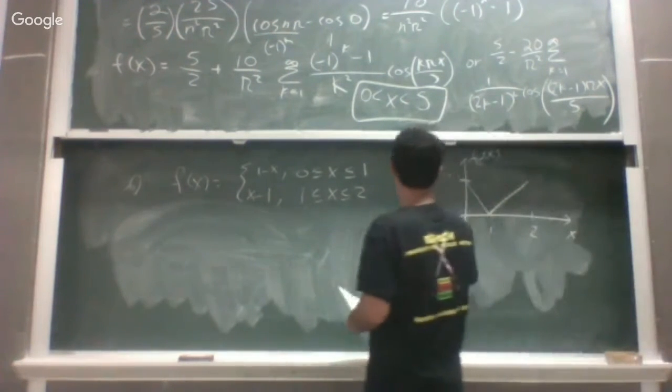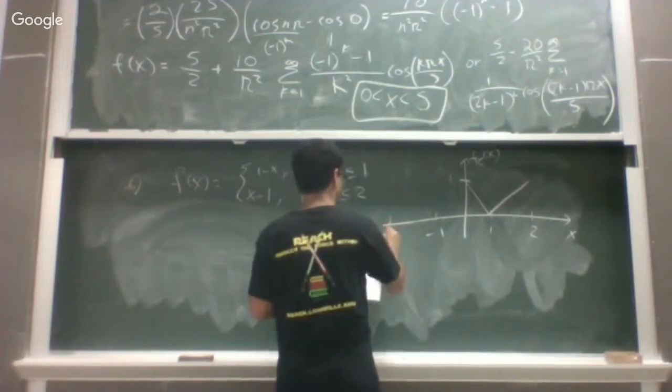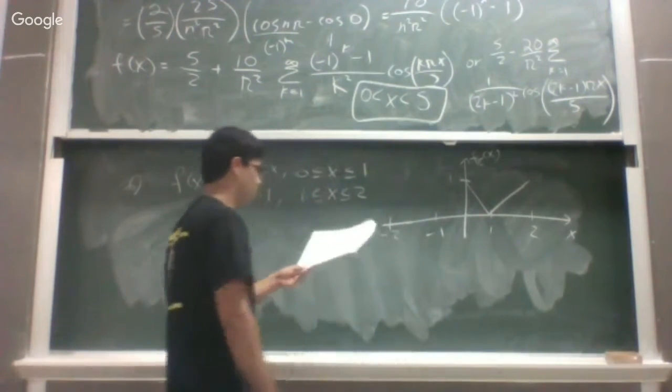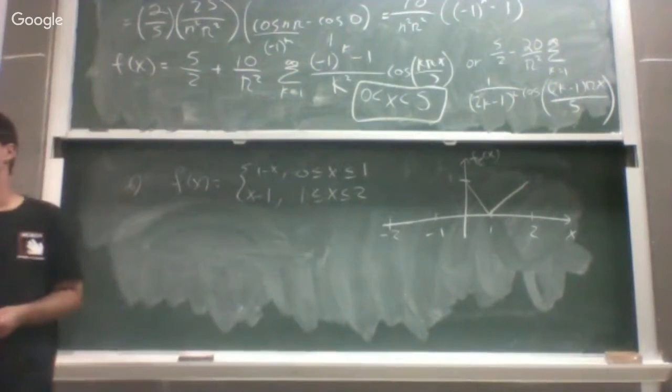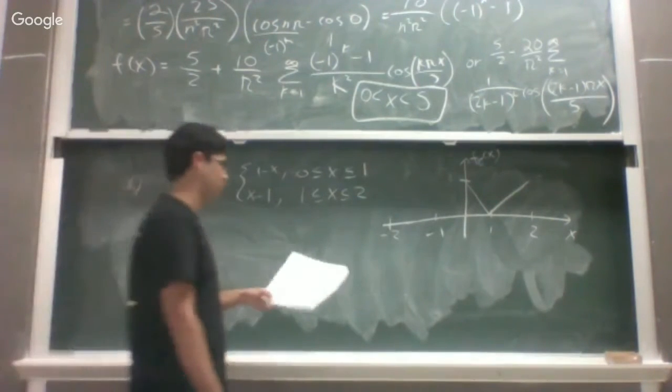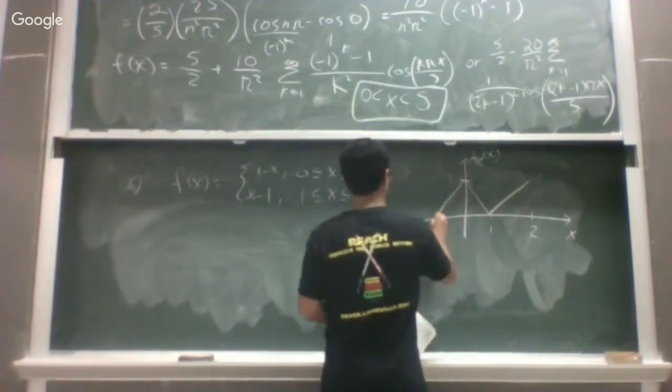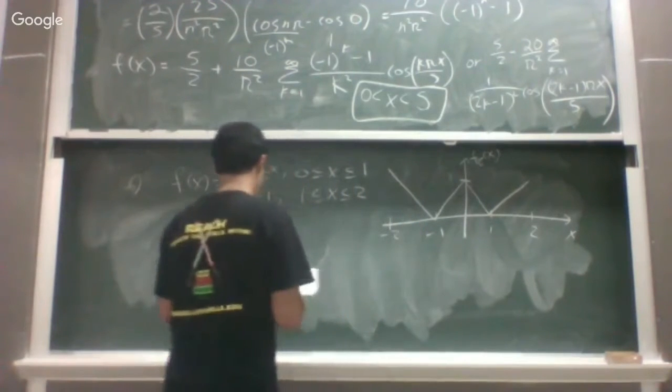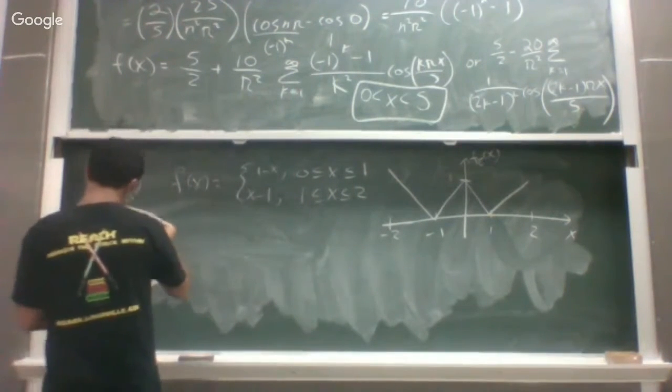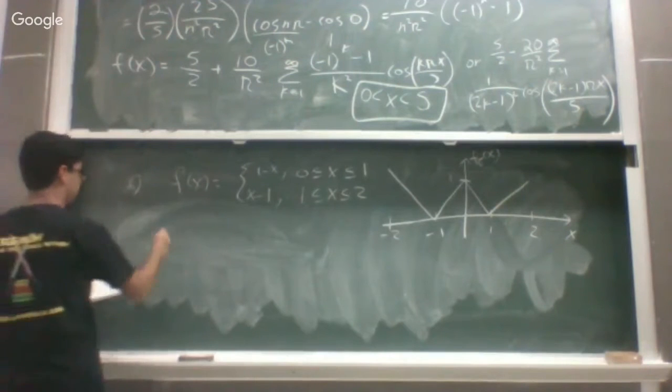And then you're told that it's an even curve. So then it's symmetric with respect to what? The y-axis. So you just draw the mirror image. And then you're asked to write those formulas.